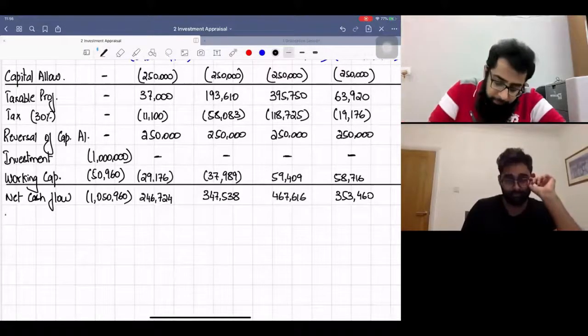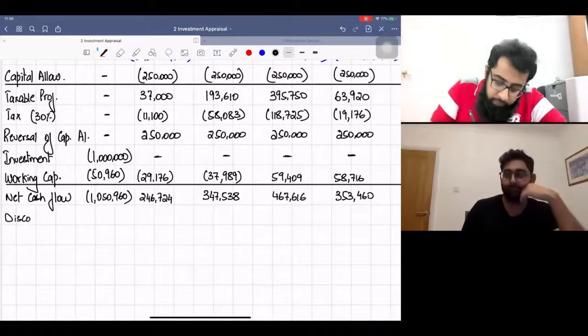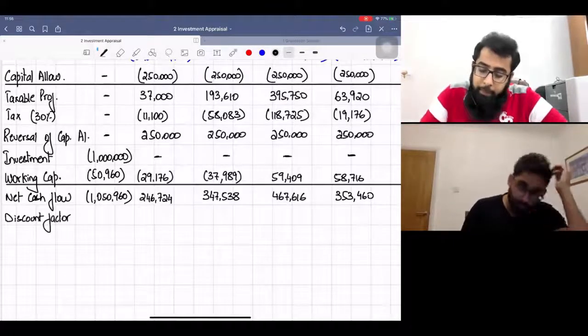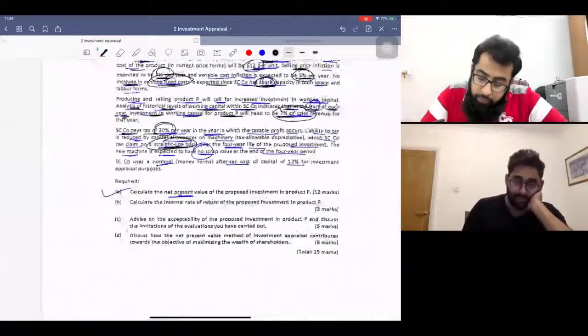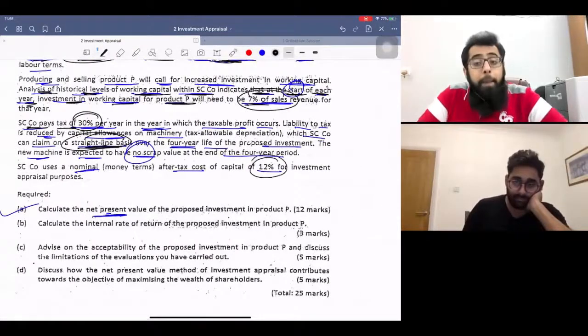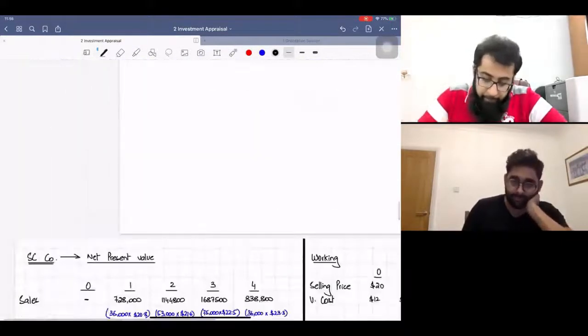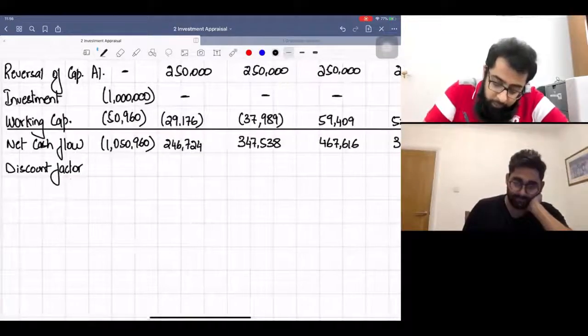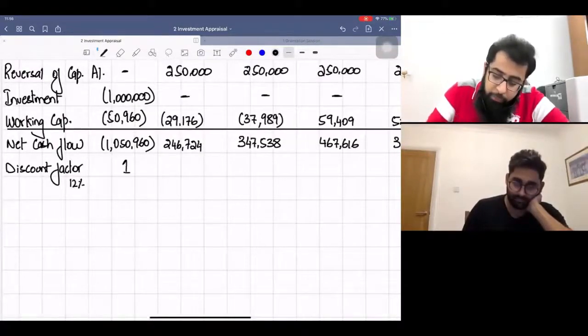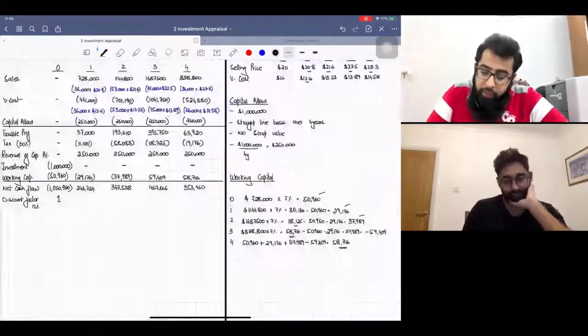Okay. Yeah. Now we will put the discount factor. The discount factor given was 12%. So we'll simply go and look at the discount factors of 12% in the discount factor sheet.